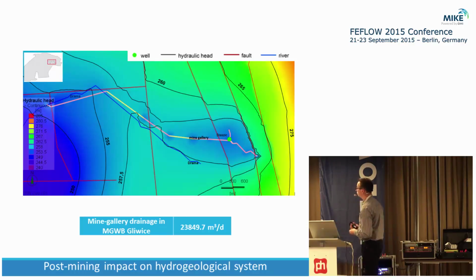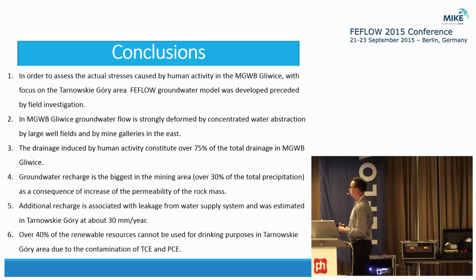So let's go to the conclusion. In order to estimate human impact in this region, we built a groundwater model using the FEFLOW code. The groundwater flow is strongly deformed by pumping wells in this area, and the drainage induced by human activity is over 75%.